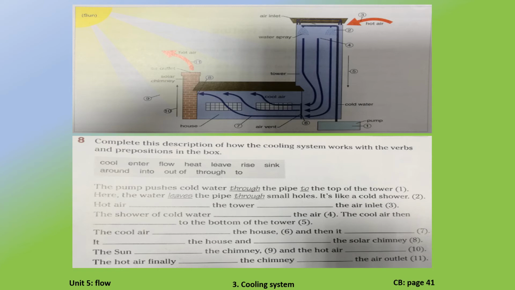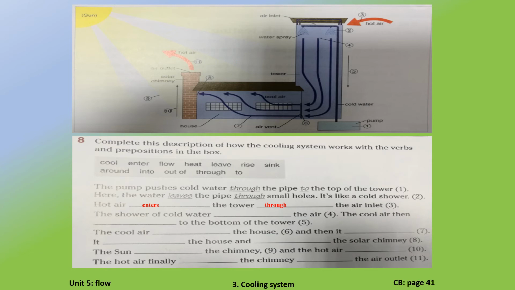Okay, now I assume that you have paused and answered the questions. Now let's check together. We have two spaces in number 3. Let's see what goes here. Hot air enters the tower. Very good. Through the air inlet. Number 4, we have one space.